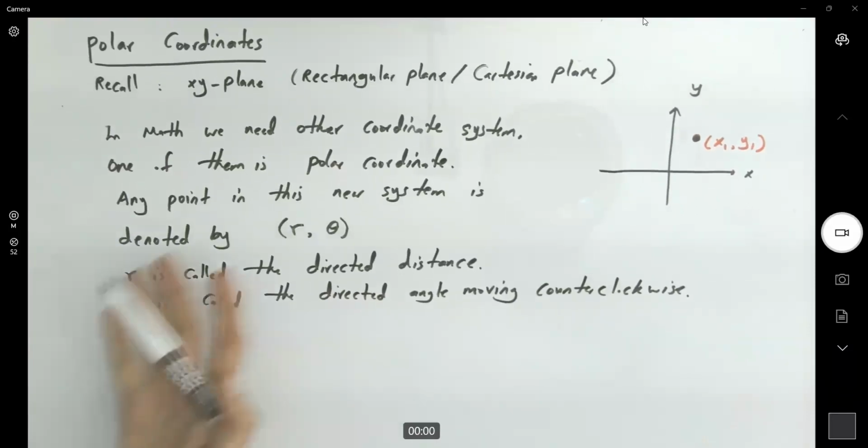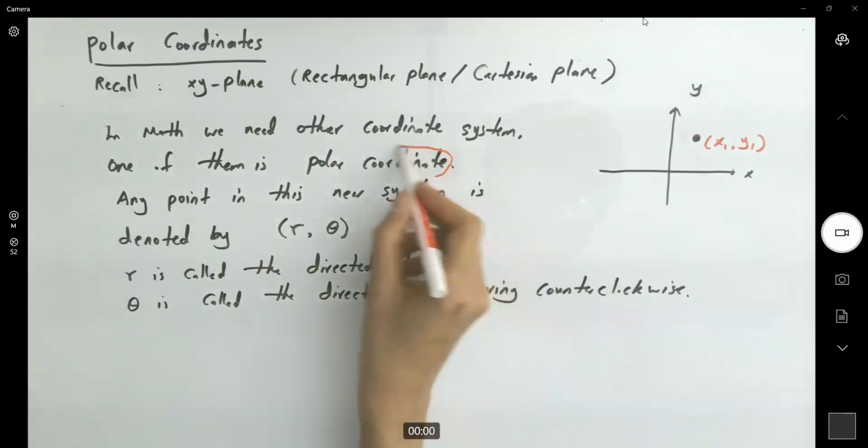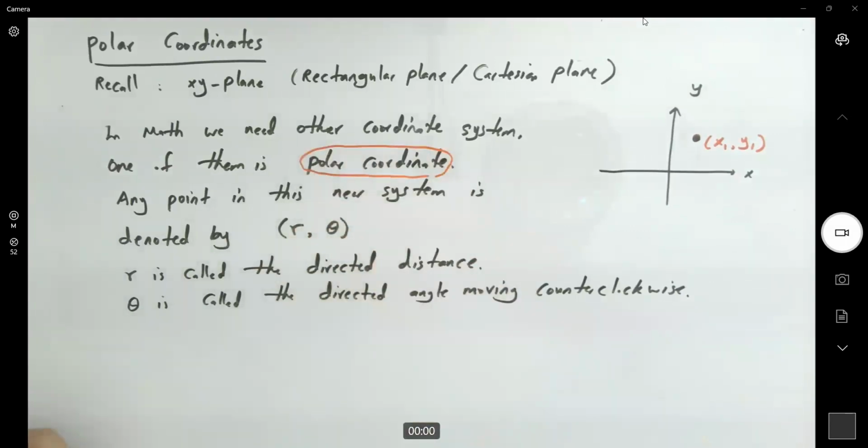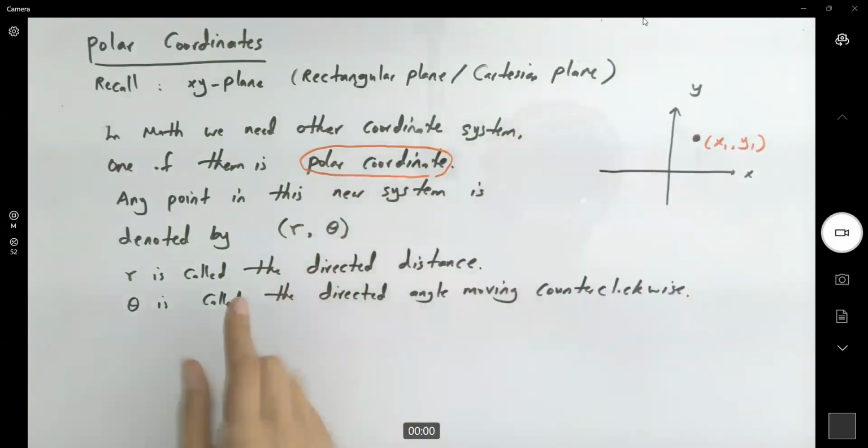You introduced a new system, the polar coordinate system. We know about the Cartesian plane, xy plane. How do you introduce this polar coordinate system?